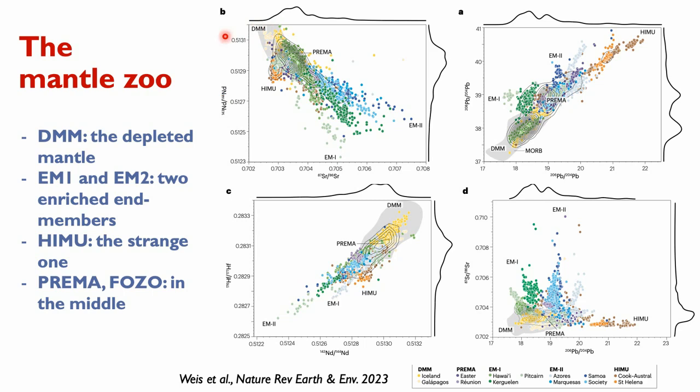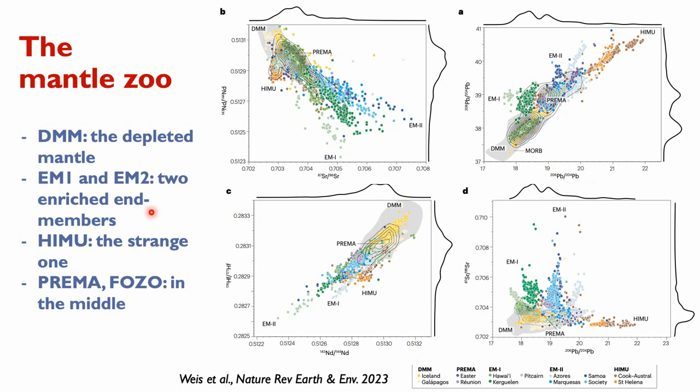In this space, we have neodymium on the y-axis and strontium on the x-axis. So this is depleted mantle. The depleted mantle also has low lead isotopic composition. Here are 2 lead isotopic ratios, and it has high hafnium isotopes together with high neodymium isotopes.